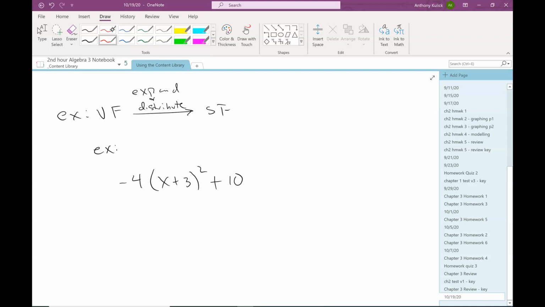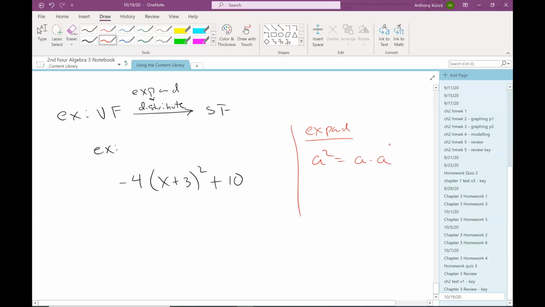So let's say we have something like a squared. A squared is the same thing as a times a. Everybody agree with that? So if we go back to our problem here, we're going to use this notion of expanding to deal with x plus 3 squared.